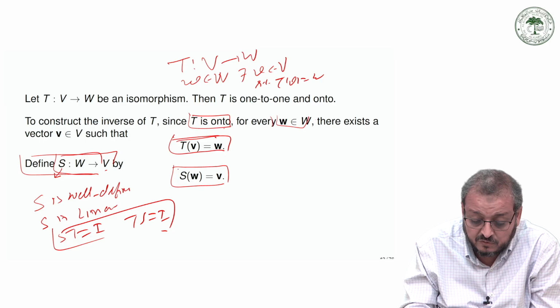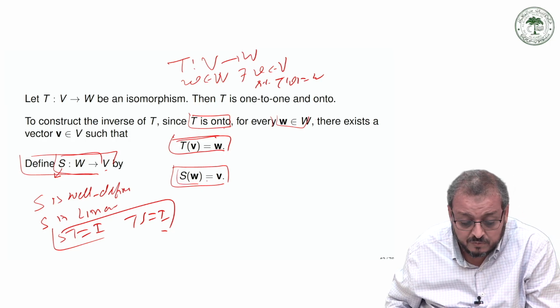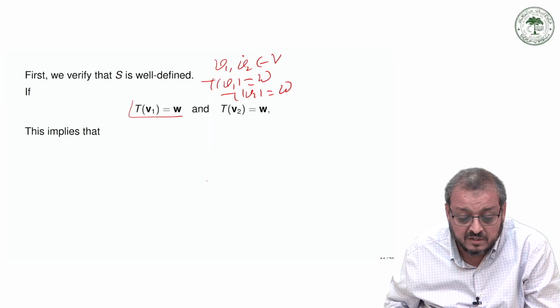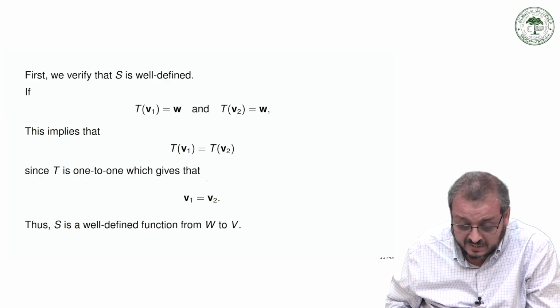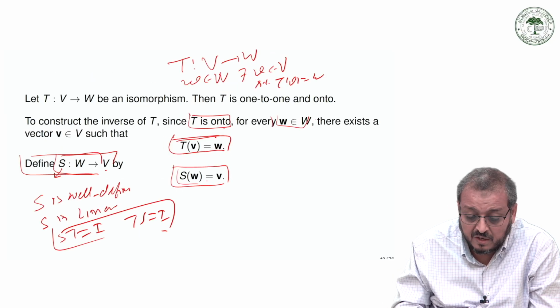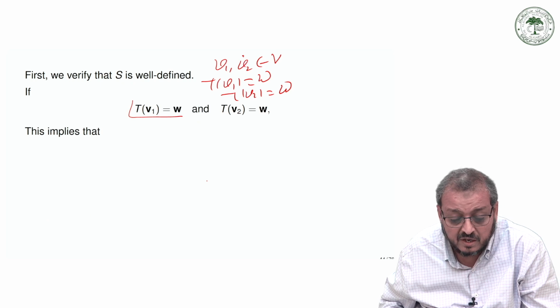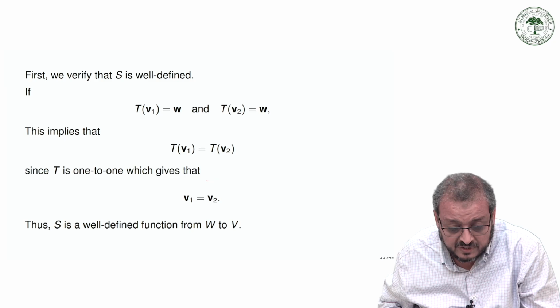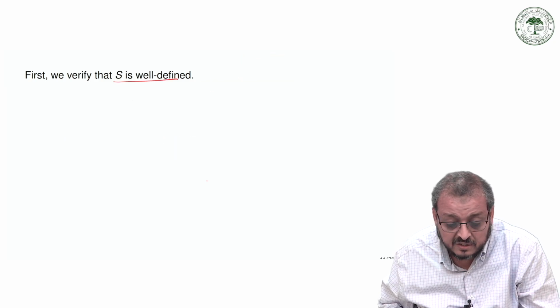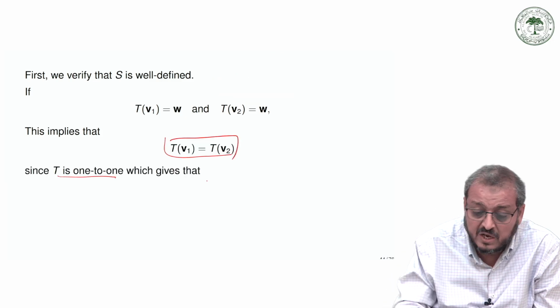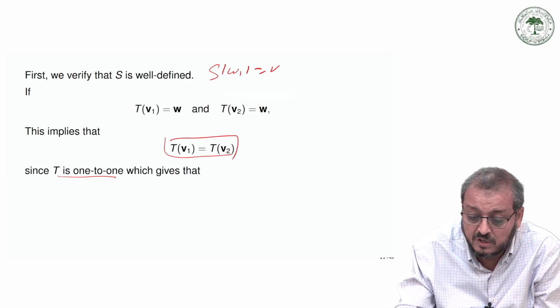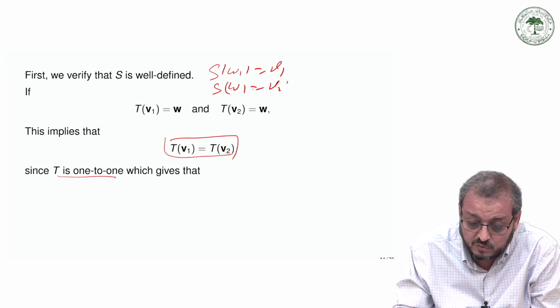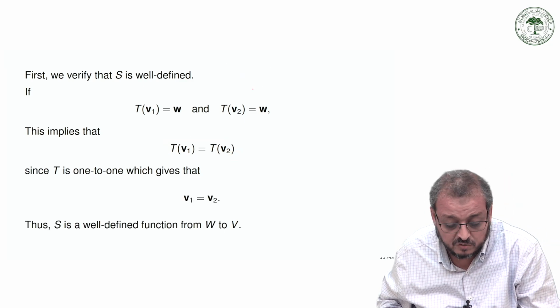So S of W is equal to V, and if we take any two elements with S of W equal to V1 and S of W equal to V2, then ultimately V1 is equal to V2, so this map is well defined.